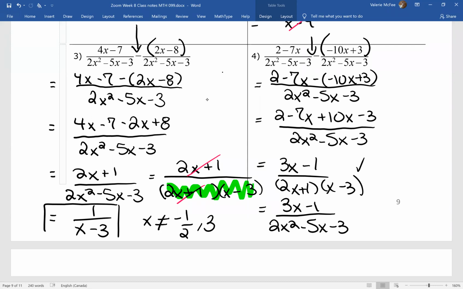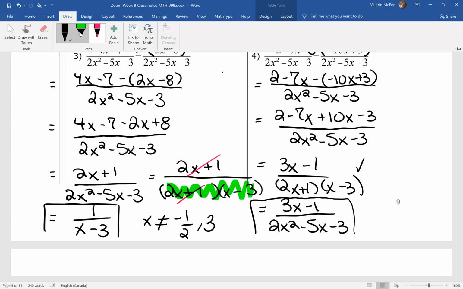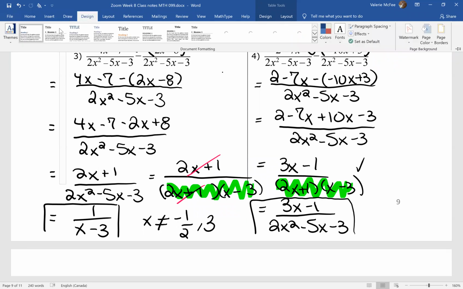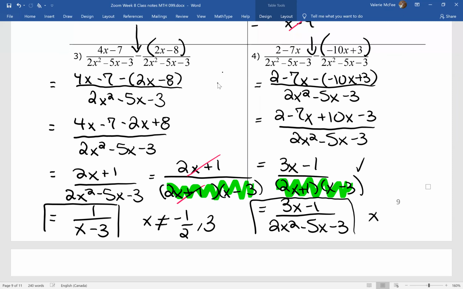What about your restrictions here? Again, we're looking at that denominator, only the denominator. We see that x cannot equal negative 1/2 or 3.